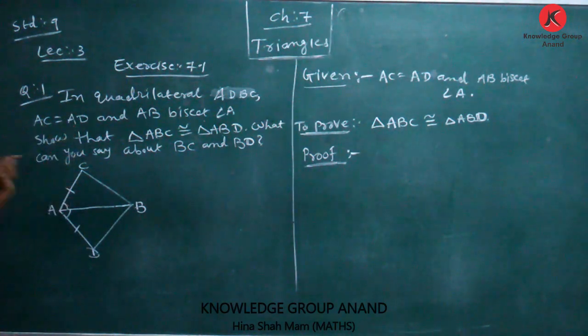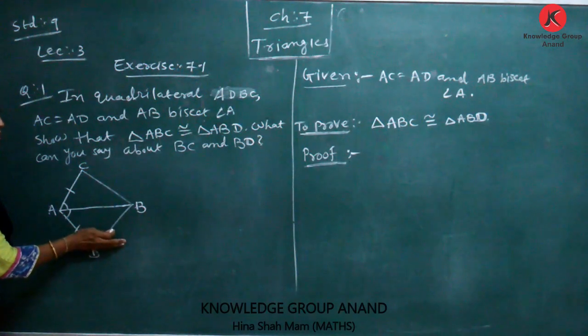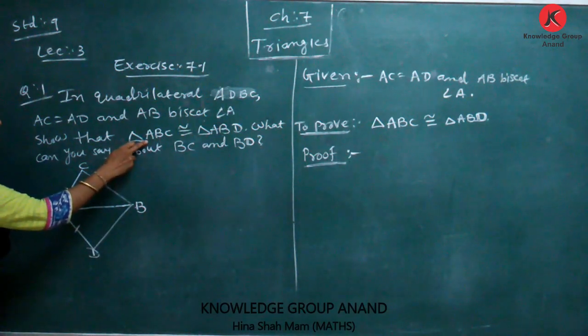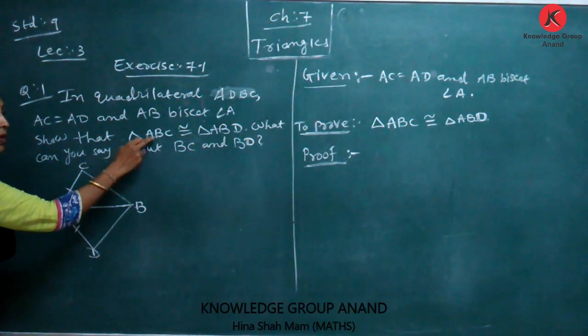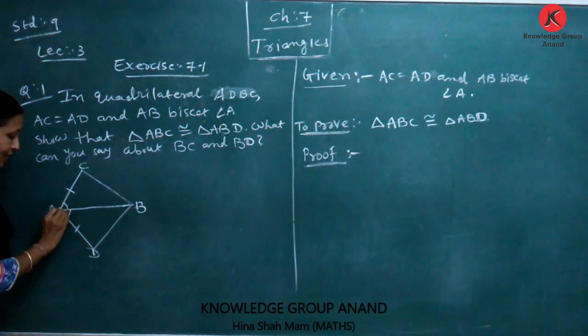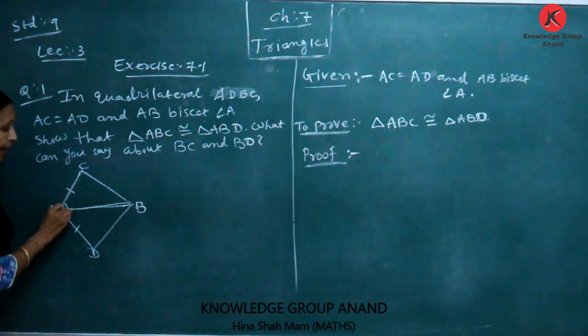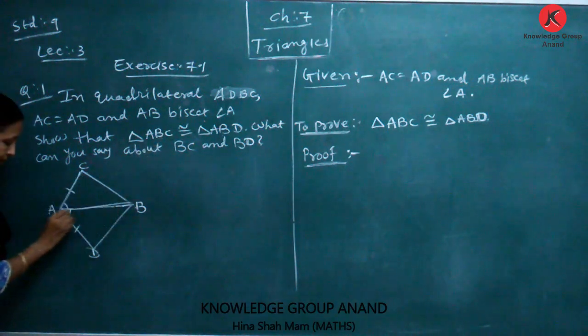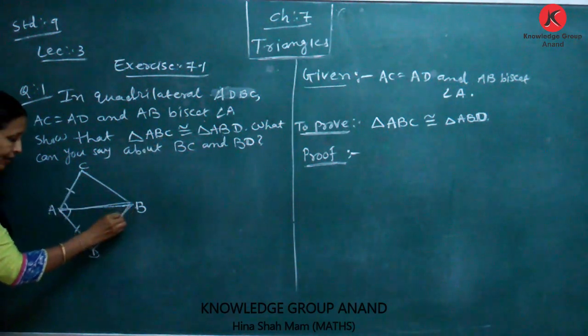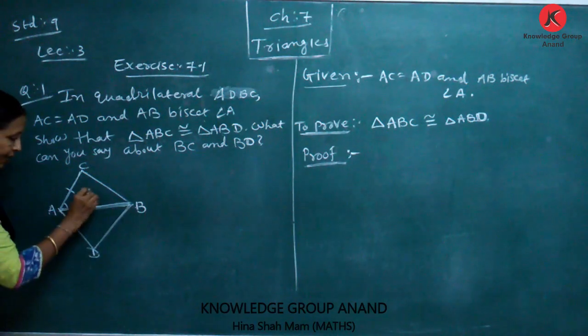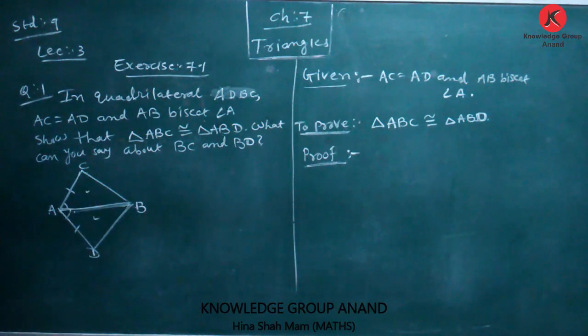AC is equal to AD. In this figure, we prove triangle ABC and triangle ABD, both triangles. How do we prove this?